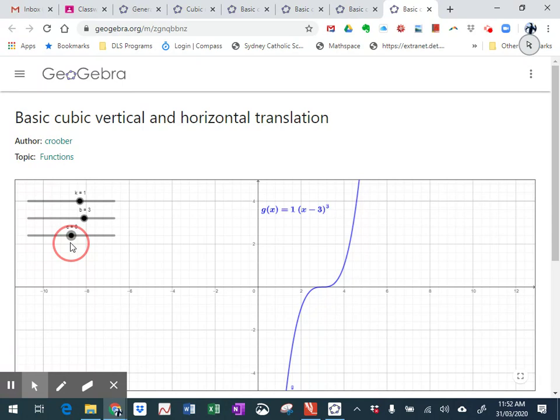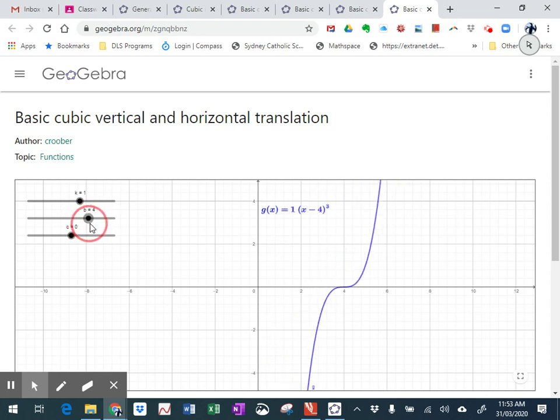What happens when I add a constant to the end which is negative? It goes down. Compared to the original function, putting a negative 1 on the end moves it down 1 unit. Putting a negative 2 on the end moves it down 2 units, and so on. You can have a play with that.